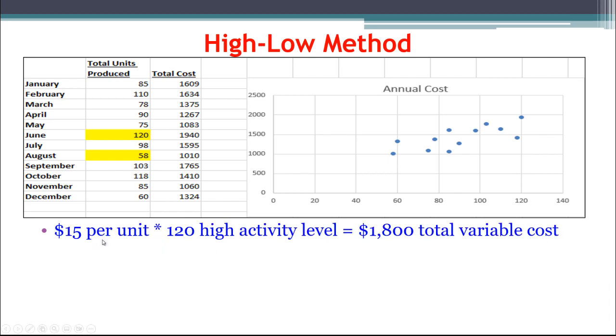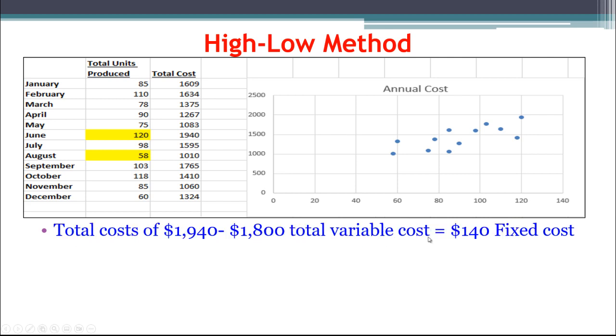We take $15 per unit, and let's just pick the high activity level. We could have picked the low level, but we're going to pick the high level. Multiply the $15 per unit by 120 units. That tells you that at that level, you'd have $1,800 of total cost. At that level, we had $1,940 worth of total cost overall. We know we just said we have $1,800 of total variable cost.